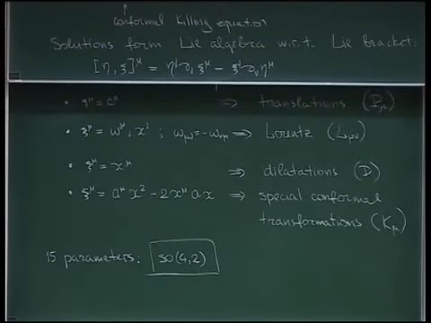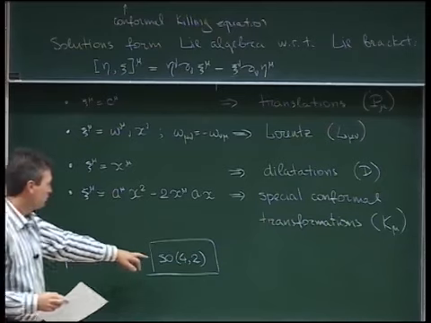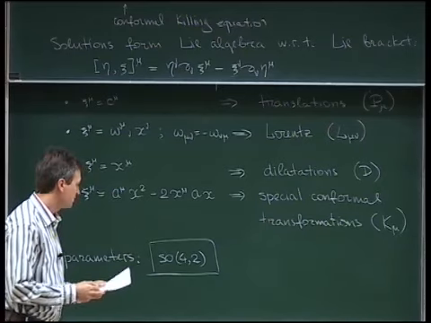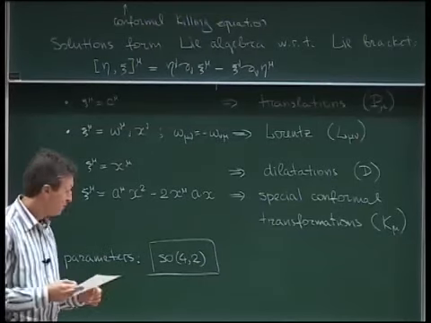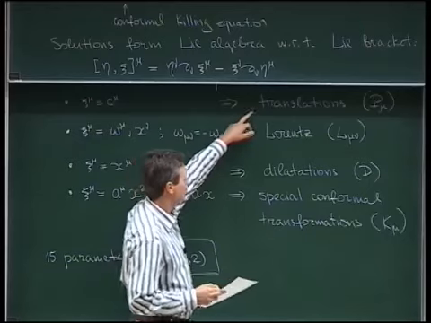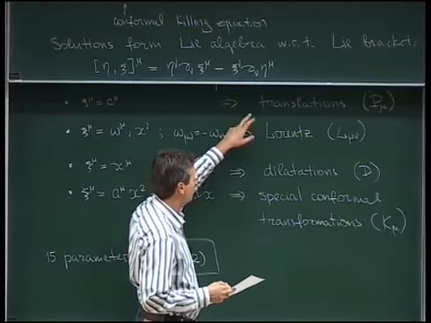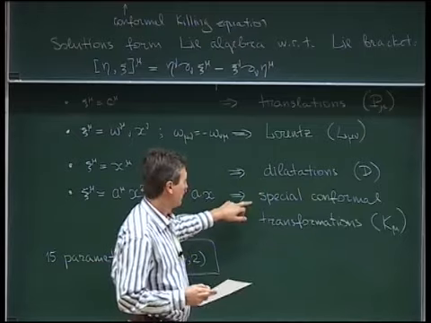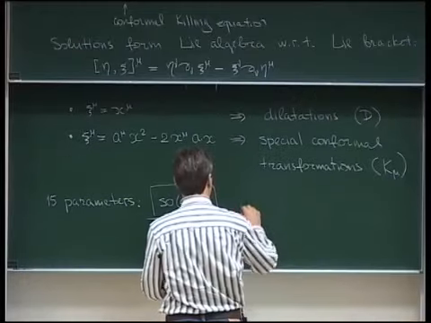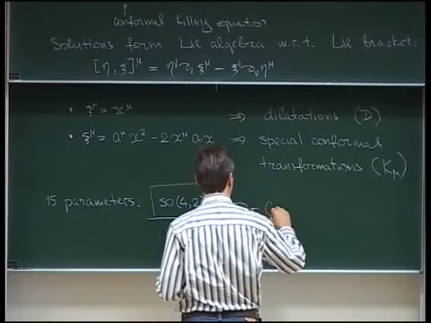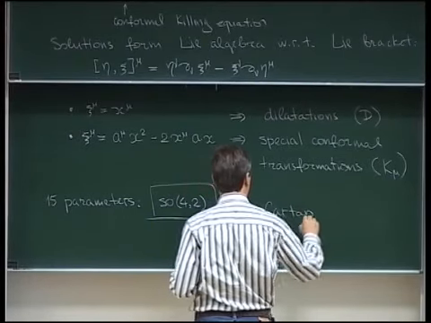So to get SO(4,2), we need one extra Cartan generator and 3 lowering and raising operators, and these are translations and special conformal transformations. So in fact, D is the Cartan generator.